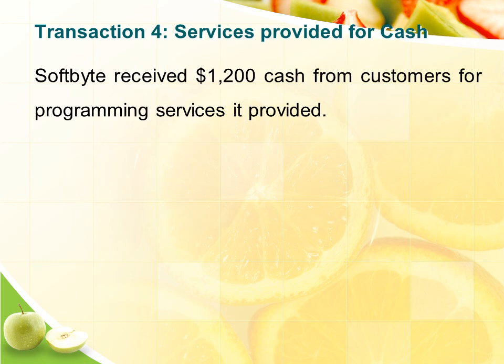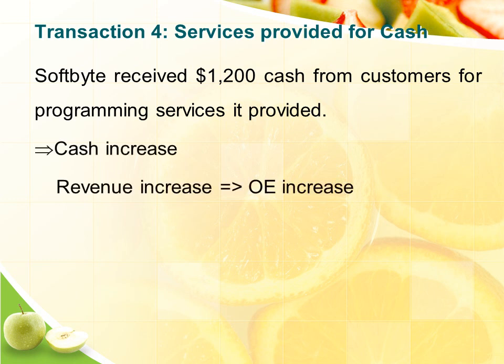The last transaction, services provided for cash. This company received $1,200 cash from customers for programming services it provided. This company received cash. Receiving cash means cash, or assets, increase. And revenue increases.